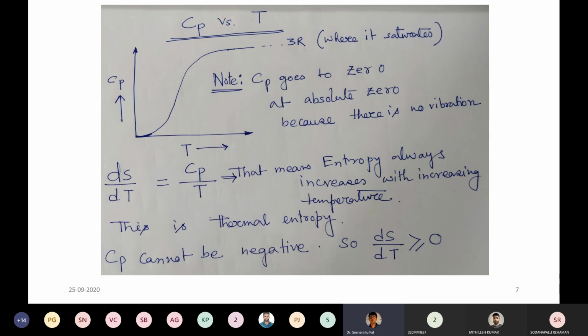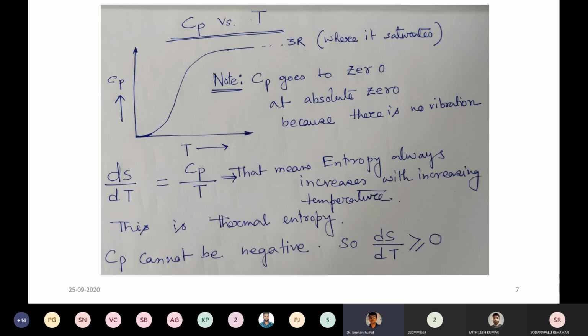So the concept of Cp versus T, if you see the plot, is telling us that Cp goes to 0 at absolute 0. And the rate of change of entropy with respect to absolute temperature equals Cp by T. Since Cp is always positive, or equal to 0 at 0 Kelvin, dS/dT is always greater than or equal to 0.